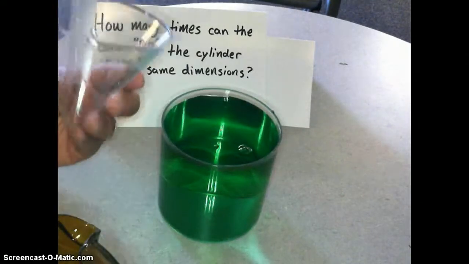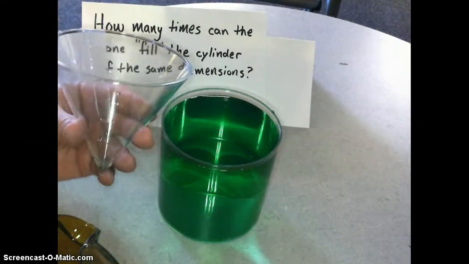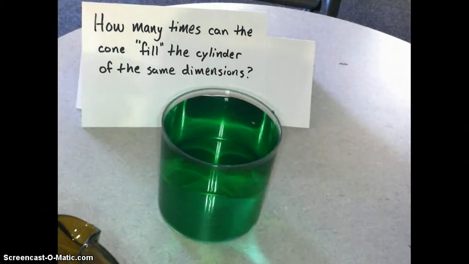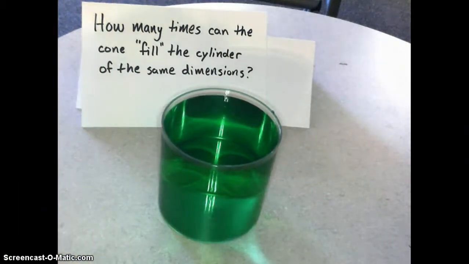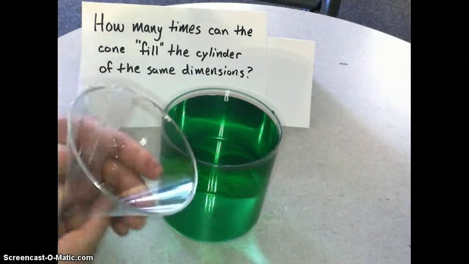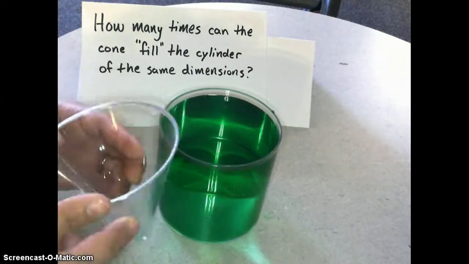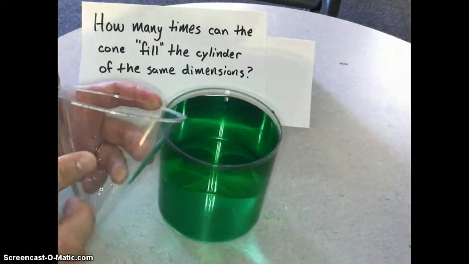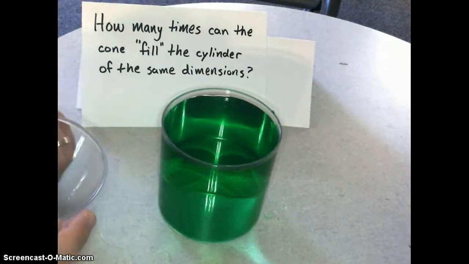So again, we had 3 cones that filled up one cylinder as long as they have the same dimensions, same base area, same height. So if it took 3 of these to fill this, that means this volume, the amount of liquid or amount of substance that would fit in one of these, has to be 1 out of 3 total that fill this shape.